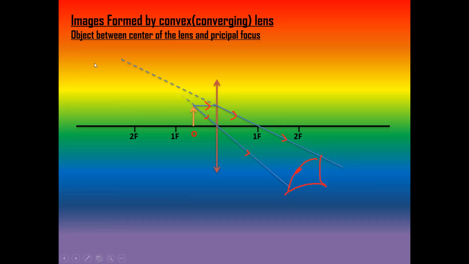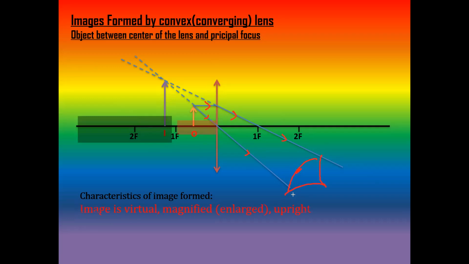So when it produces the rays backward, the position where they intersect, because of our imagination, we call that a virtual image. So whenever an object is placed between the focus and the lens, the image will be virtual. But if it is after the focus, the image will be real. Is it clear?